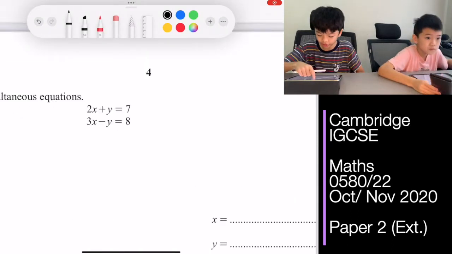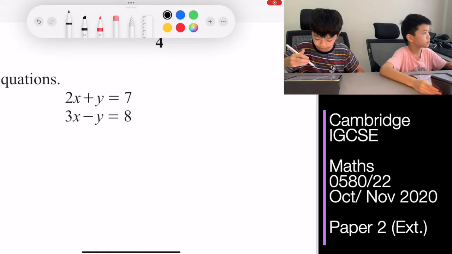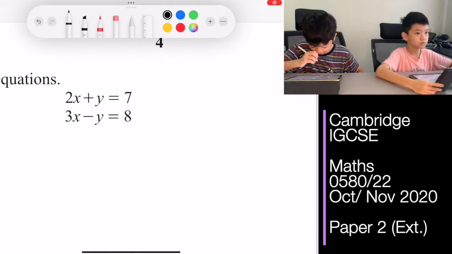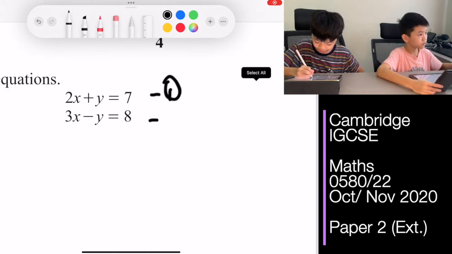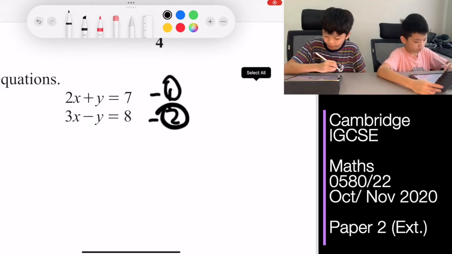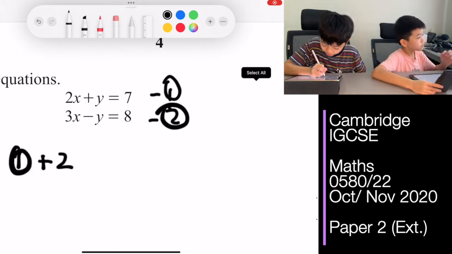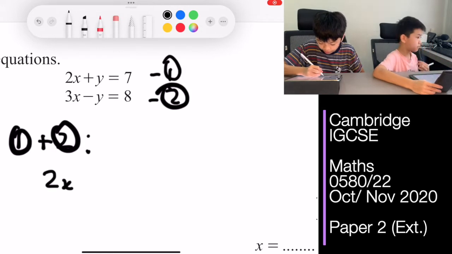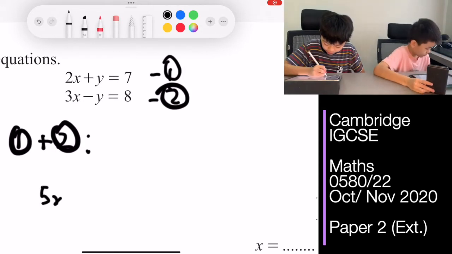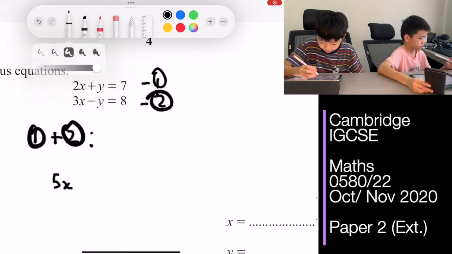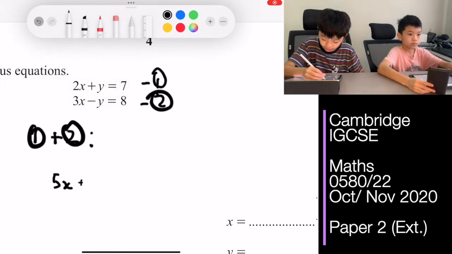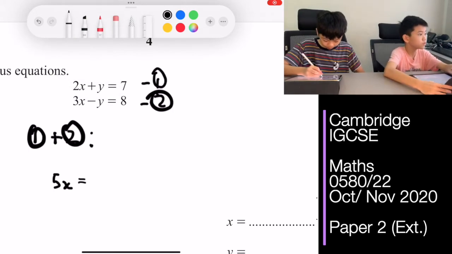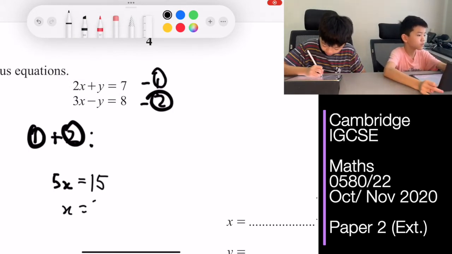Solve these simultaneous equations. So we are going to use elimination. This is 1, this is 2. So then 1 plus 2 is 2x. Oh wait, make that 5x. 5x equals 15, so x is 3.